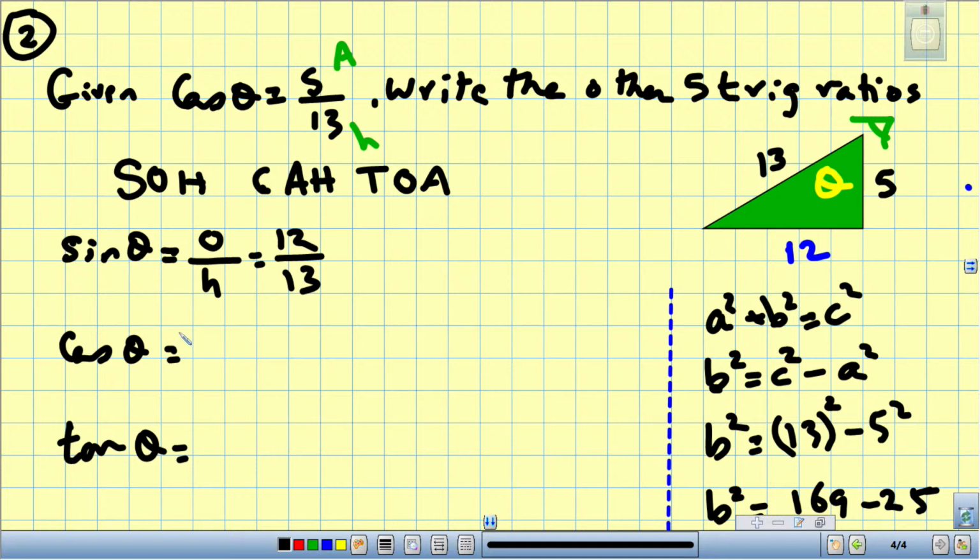Somebody has a 5 over, that's adjacent over hypotenuse. Adjacent to me is this one right there. It's not going to be the 13 because that's the hypotenuse. So 5 divided by 13. And lastly, tangent. Anybody for tangent? Any takers here?